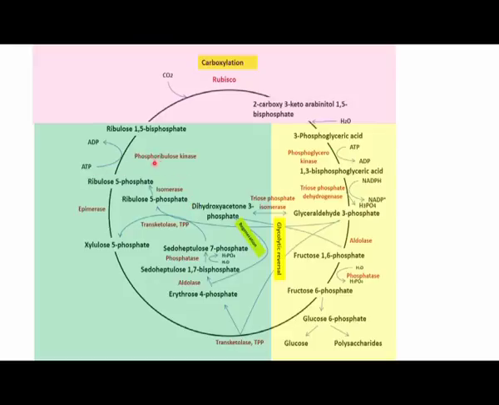Once the ribulose 5-phosphate is formed, it goes for another round of phosphorylation with the help of ATP, and the enzyme is phosphoribulokinase. This step requires ATP, and this ATP also comes from the light reactions.